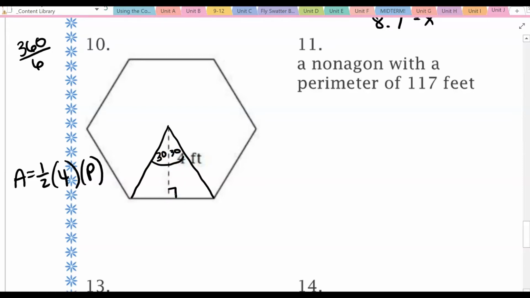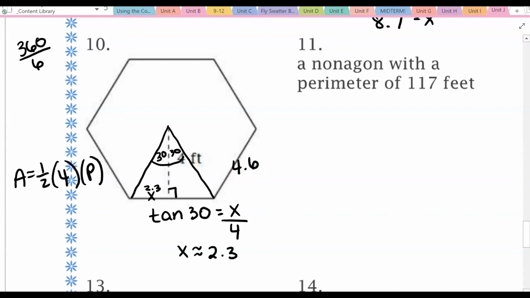We're going to use trigonometry to find our opposite side. So tangent of 30 equals the opposite mystery x over the adjacent apothem of 4. We do our cross multiplication. We find that 4 times tangent of 30 gives us a side measure of approximately 2.3. So if this is 2.3, it means the entire side is approximately 4.6.